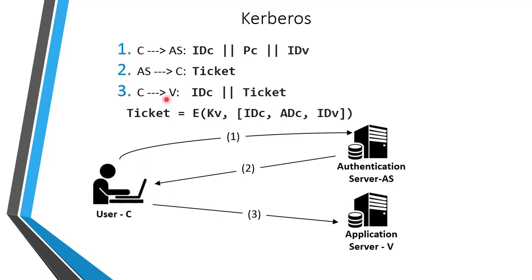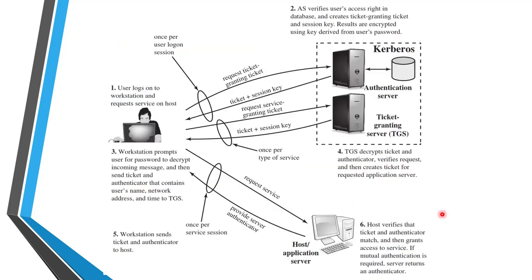Now this ticket is sent by the client directly to the application server, with the ID of the client, and then if the server verifies that ticket and the authenticator matches, it grants access to the service. If mutual authentication is required, the server returns an authenticator. So this is simple Kerberos.